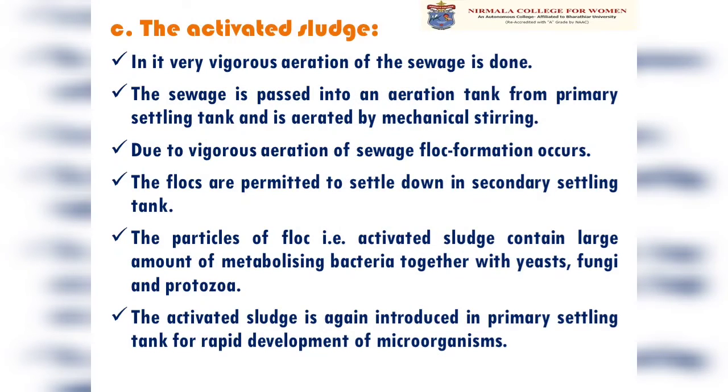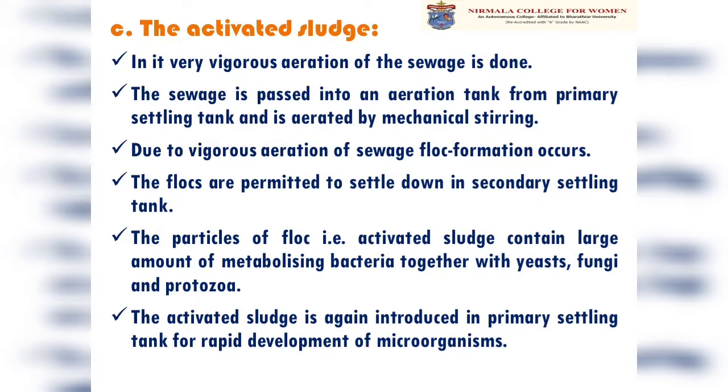Next is activated sludge. In it, very vigorous aeration of the sewage is done. The sewage is passed into the aeration tank from the primary settling tank and is aerated by mechanical stirring. Due to vigorous aeration of sewage, floc formation will occur. The flocs are permitted to settle down in the secondary settling tank.